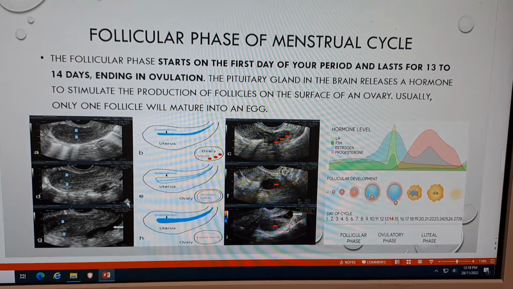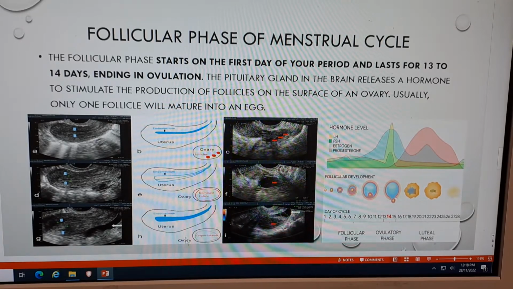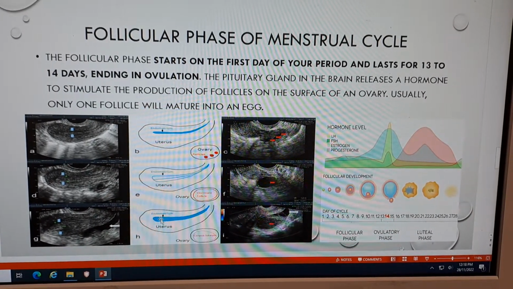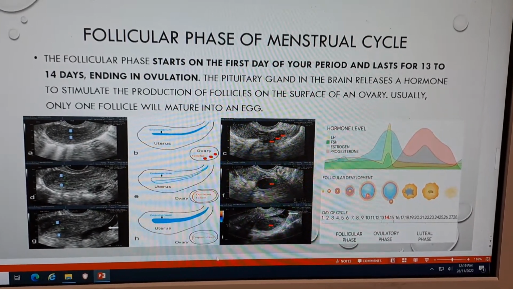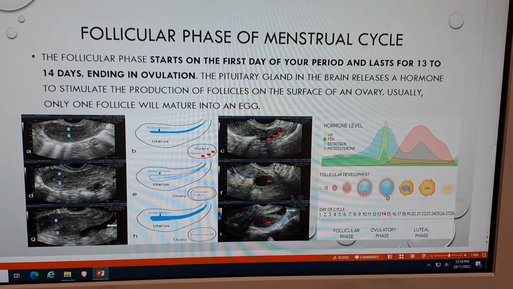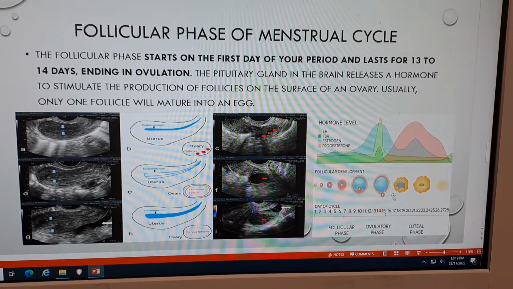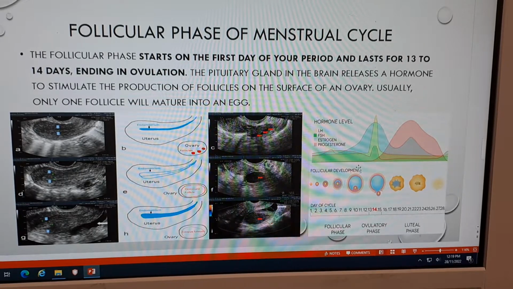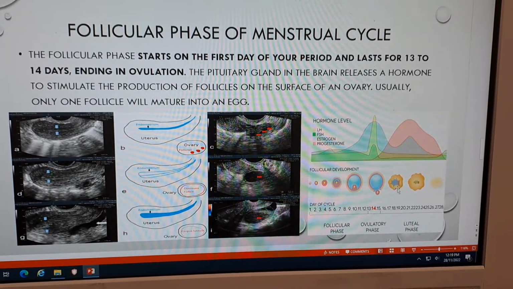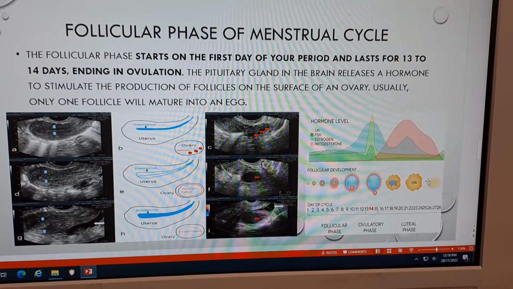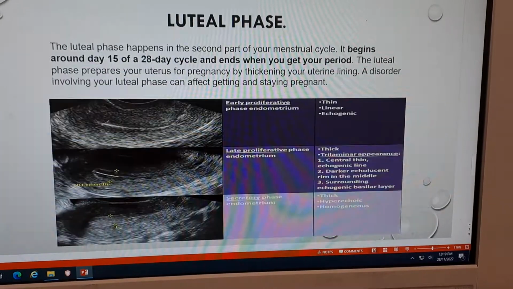Then the follicle comes, and either the pregnancy embryo will be embedded or it will be shed. Always remember this picture, and also this cycle of the follicular phase forming the egg and releasing it to form the corpus luteum.